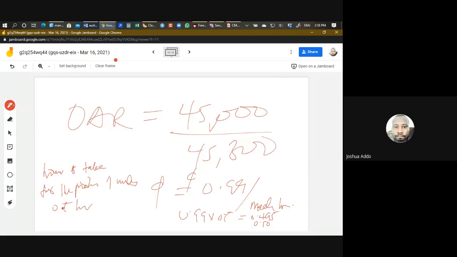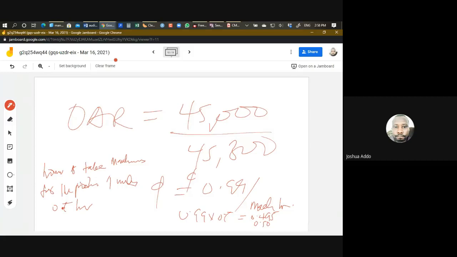We are converting this charge per machine hour to overhead charge per unit. For 1 machine hour we are charged with this, then we find how many machine hours it takes to produce one product.